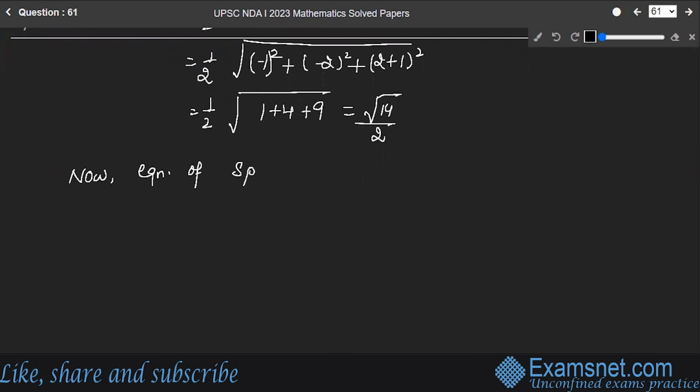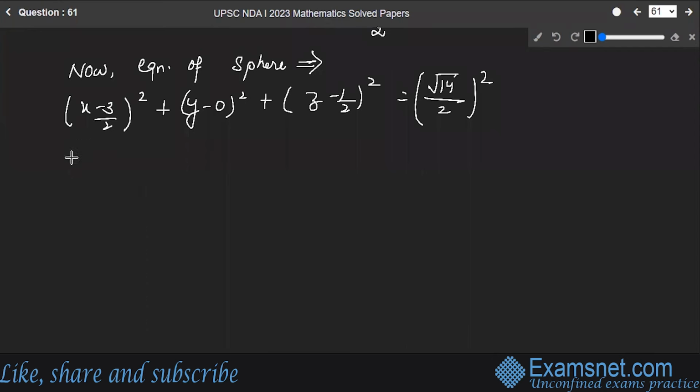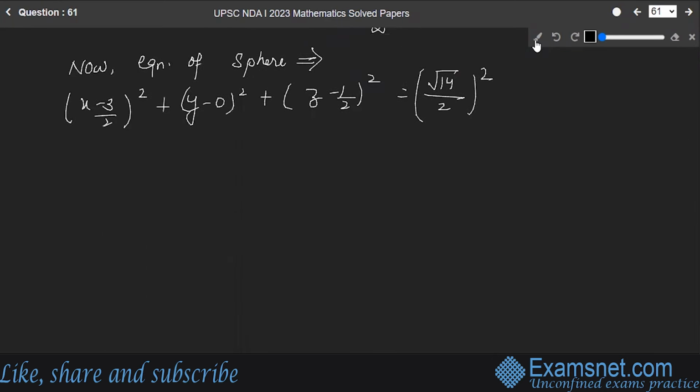Equation of sphere will be given by x minus 3 by 2 square plus y minus 0 square plus z minus 1 by 2 square is equal to root 14 by 2 square, which will give you x square minus 3x plus 9 by 4 plus y square plus z square minus z plus 1 by 4 is equal to 14 by 4.